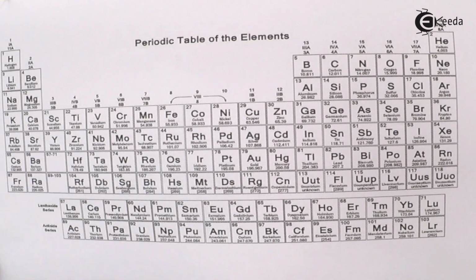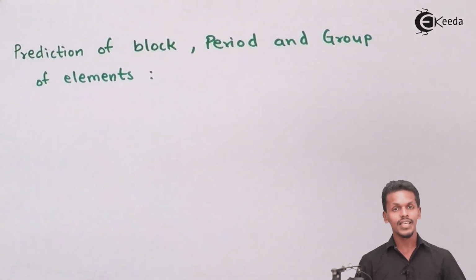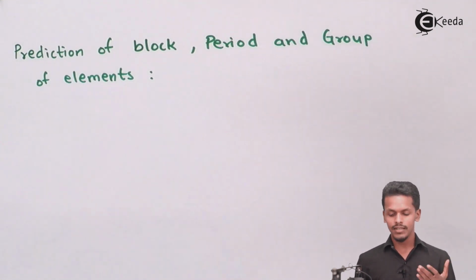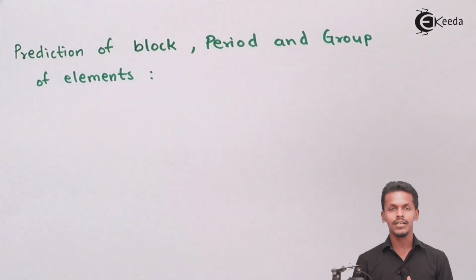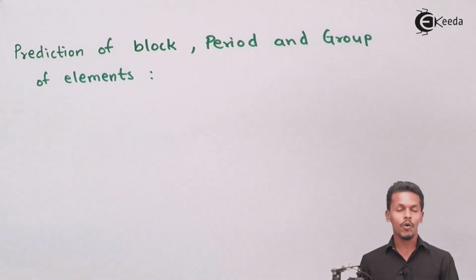So for that we have the prediction, where we can determine which block and which period the element belongs to. How can we determine which block the element belongs to? It depends on the electronic configuration, that is, the Aufbau principle.